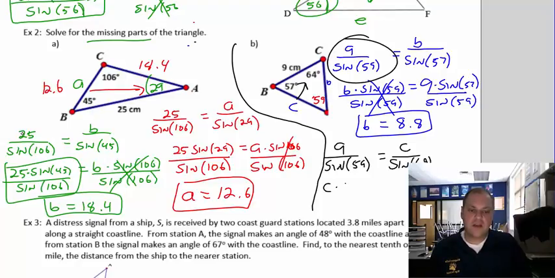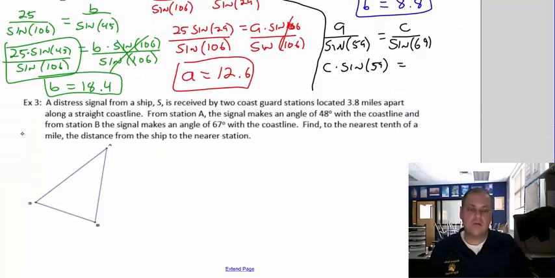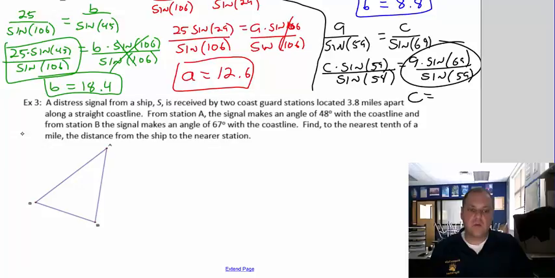So C sine 59 equals 9 sine 64. Divide by sine 59. All right, and then put that in your calculator. C equals 9.4. So we were able to find all the missing sides and angles of the triangle.